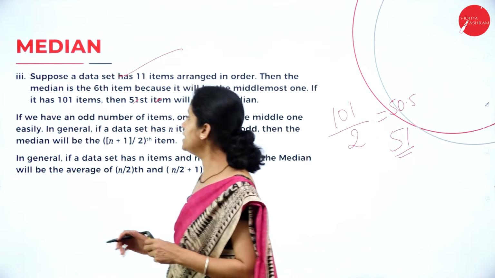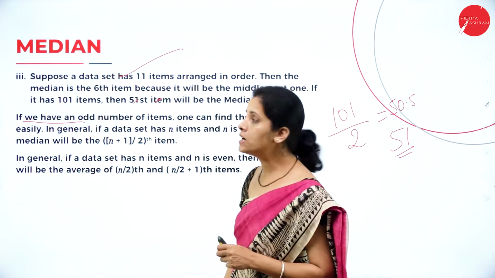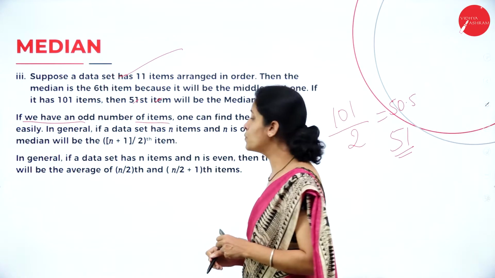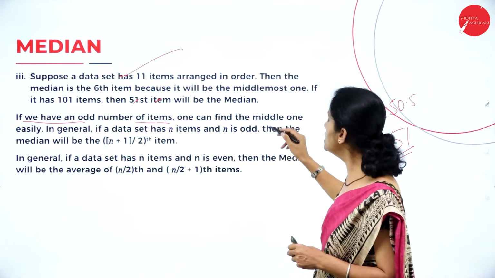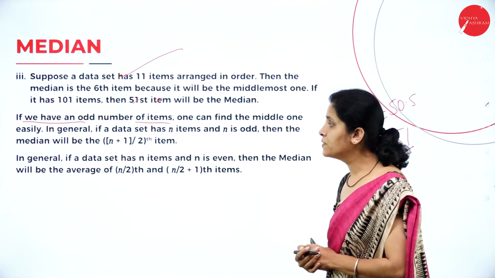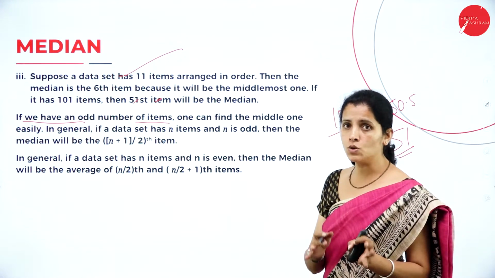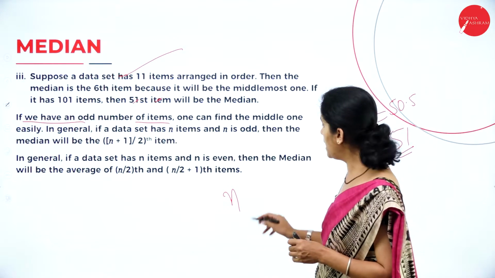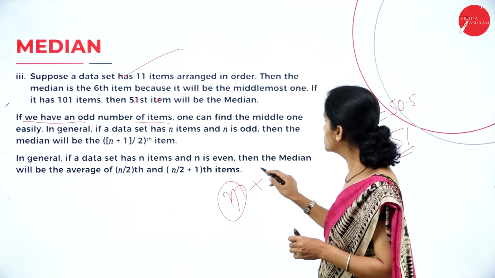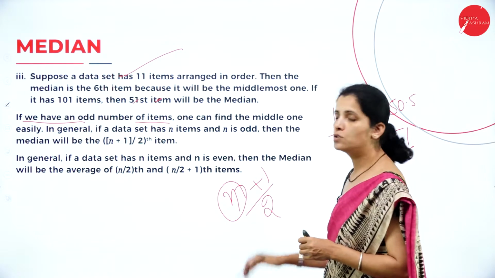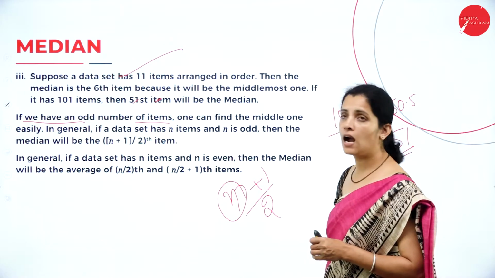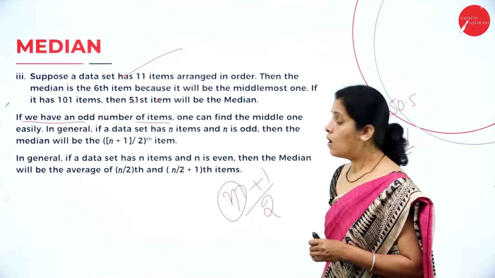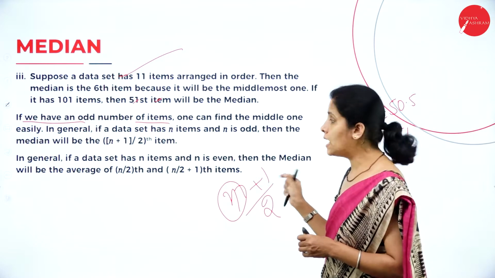So dear student, if we have an odd number of items, one can find the middle one easily. If I have an odd number, what I want to do is consider n as nothing but my odd number plus 1, divided by 2. So this is the formula used to find the median of odd type.